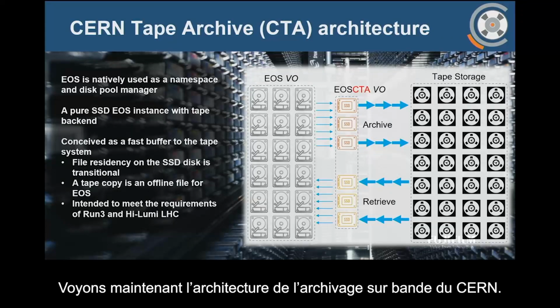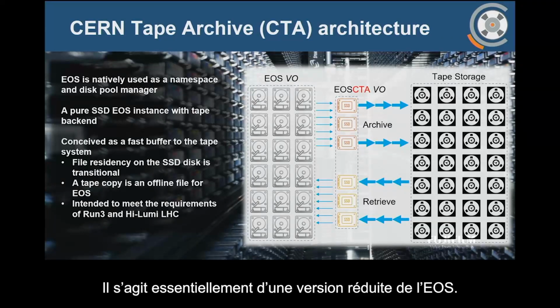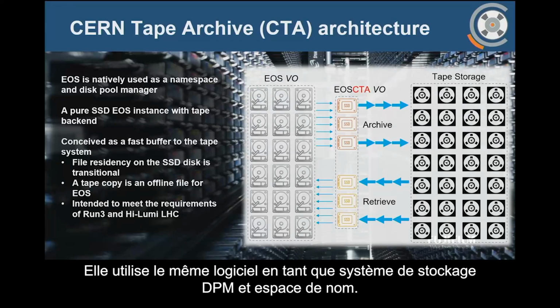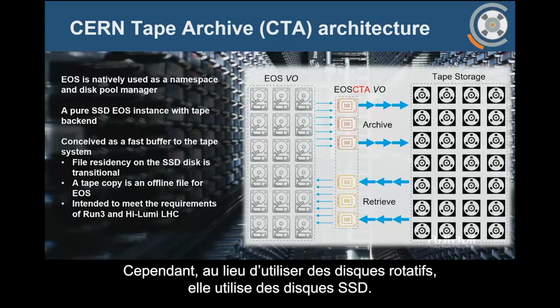Let's now have a look at the CERN Tape Archive architecture. This is basically a smaller instance of EOS. It's using the same software as a namespace and disk pool manager. However, instead of using spinning disks, it's using SSDs.